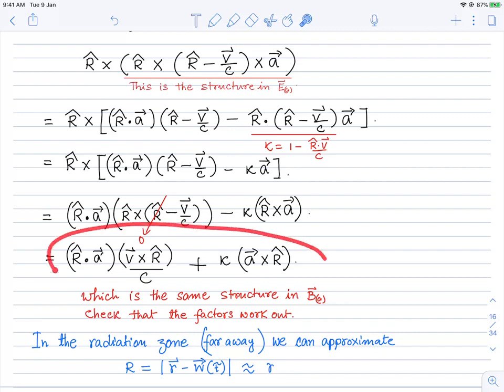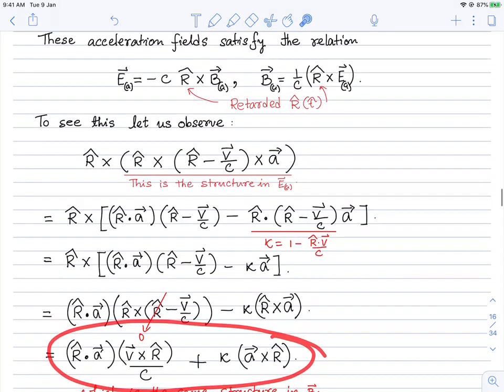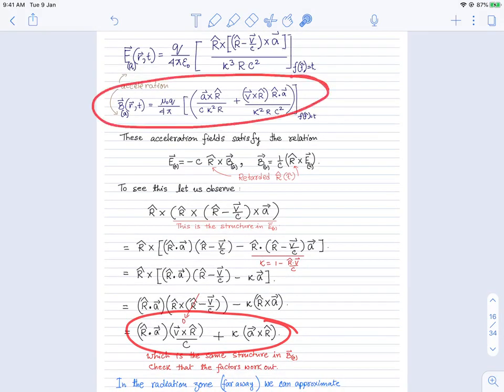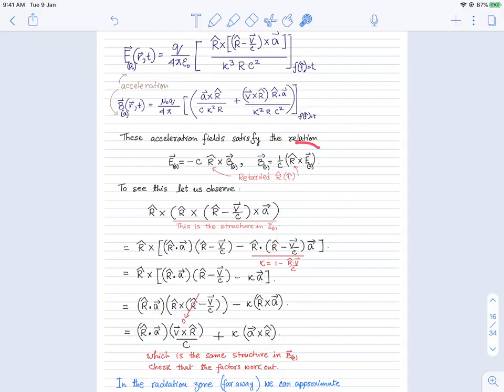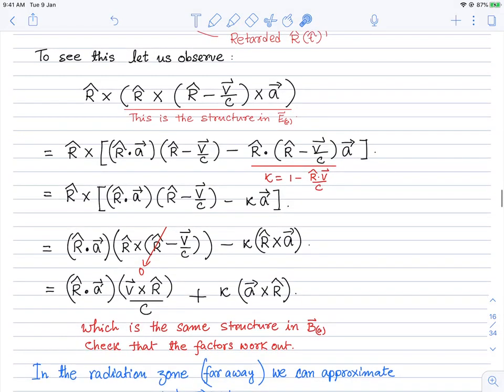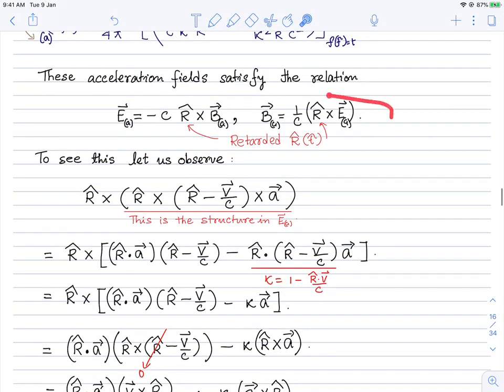You will see that we get the same structure as is there in the magnetic field. You can check that the factors work out, and therefore the relationship holds.